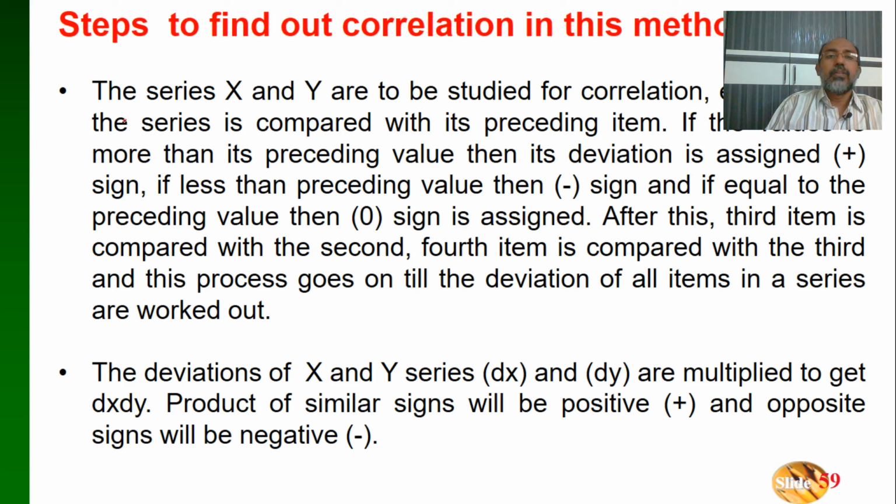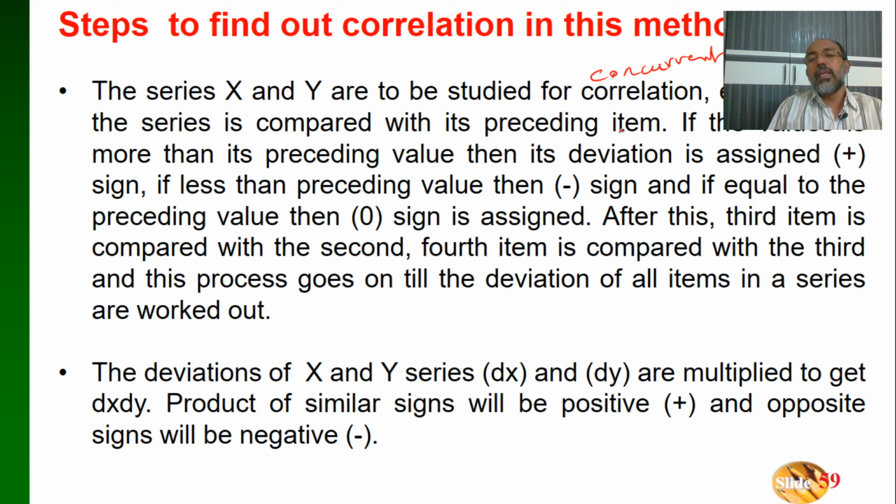The series X and Y are to be studied for correlation. So this is the concurrent deviation method. Each item of the series is compared with its preceding item, the previous item.